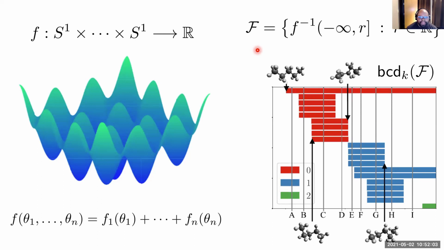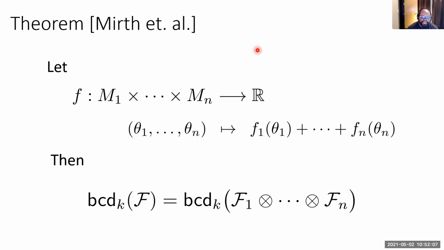So here's what Joshua and Henry and collaborators prove. They showed a very nice connection between the types of energies they're looking at in this alkane molecule.